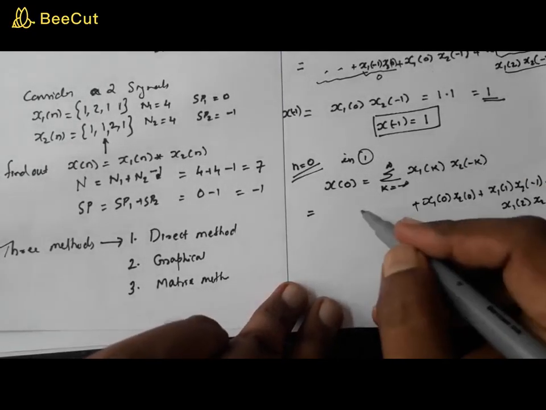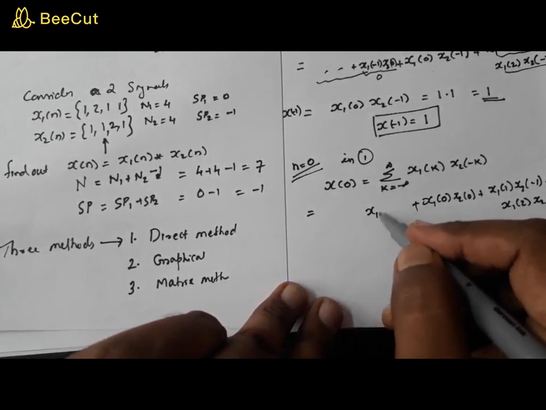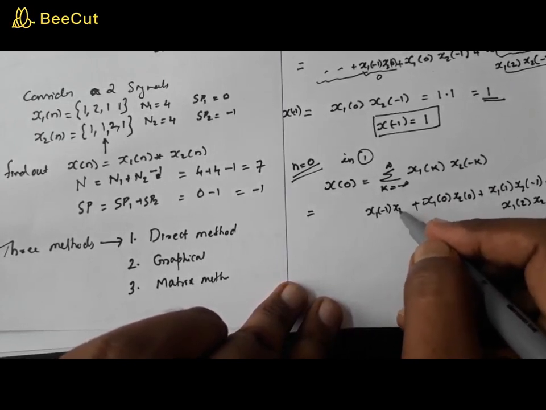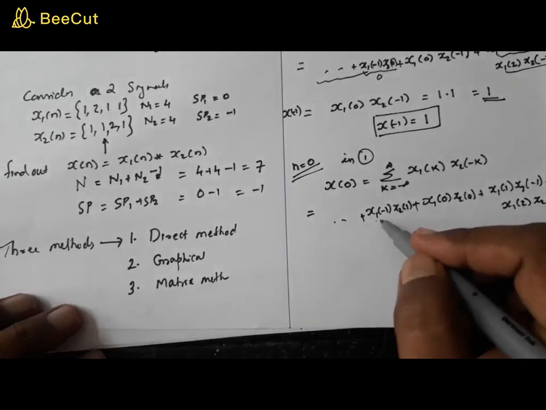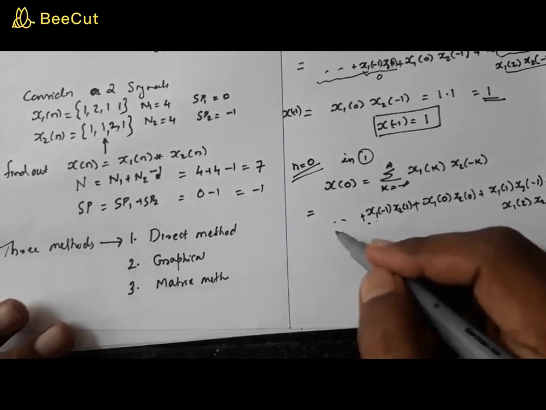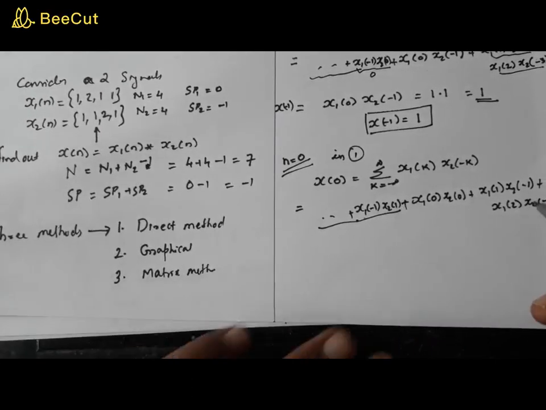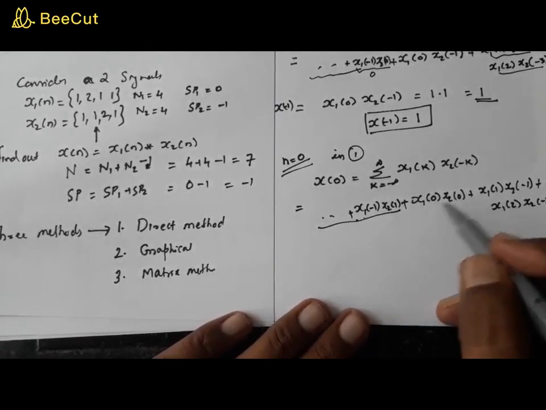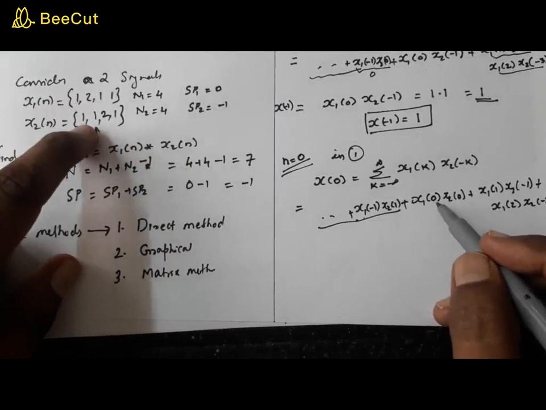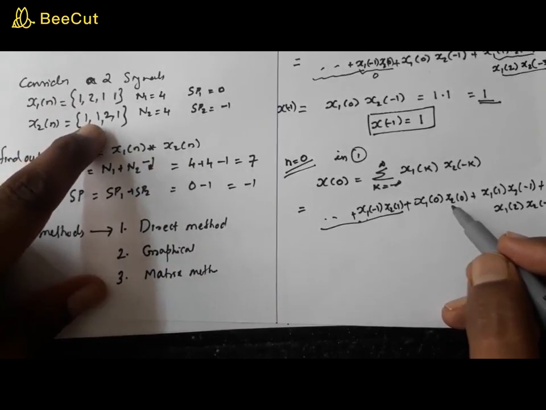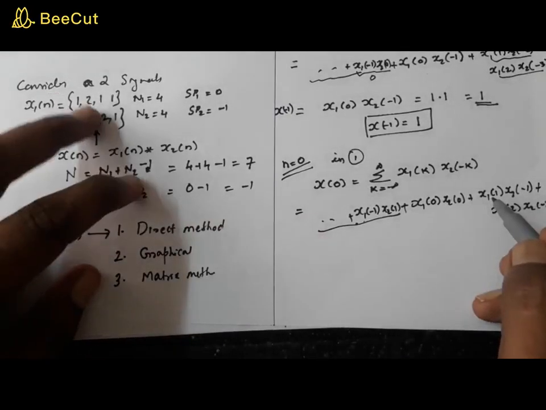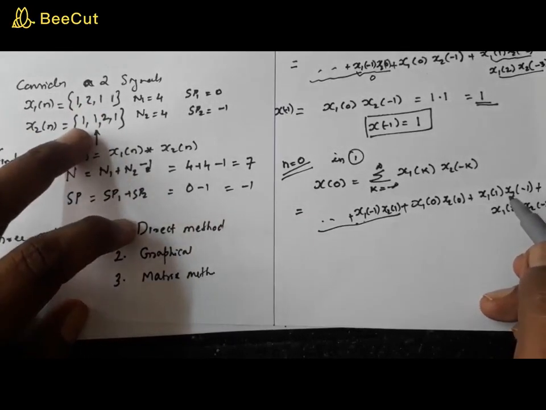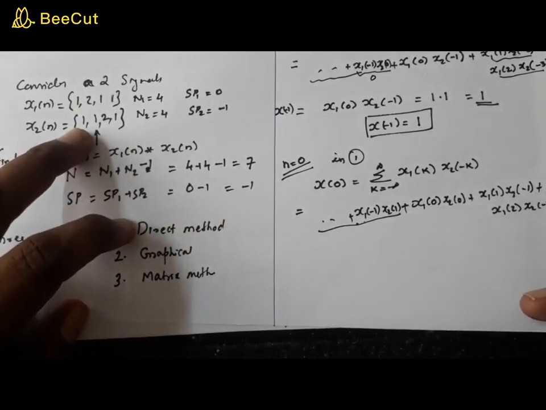Now on the left side you will have x1 of minus 1 into x2 of 1, and it goes on like that. We know that x1 of minus 1 and minus 2 etc. are 0, so all the left side will be 0. What about this? You have x1 of 0 here, you have x2 of 0 here, so no problem. Similarly, the next one is x1 of 1, which is here, and x2 of minus 1 is here, so there is no problem.